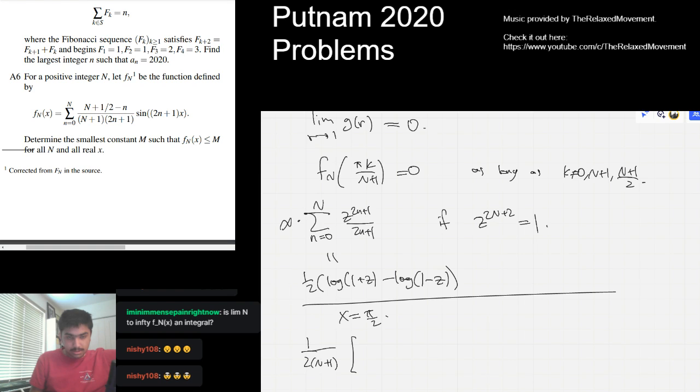That's like 2n plus 1 minus, this sort of alternating sum. And now how do you bound this? Oh.